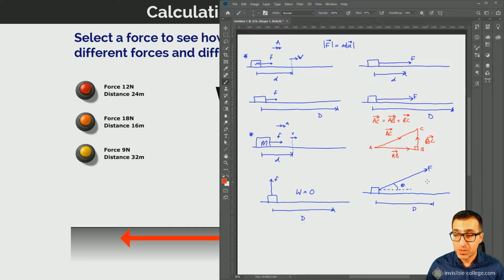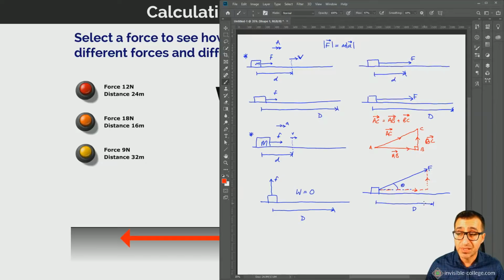along the horizontal. So we can resolve this force vector into two separate components, one which acts along the horizontal and one which acts along the vertical. The component of this vector that acts along the horizontal, the horizontal part of the force, is the one responsible for this displacement.